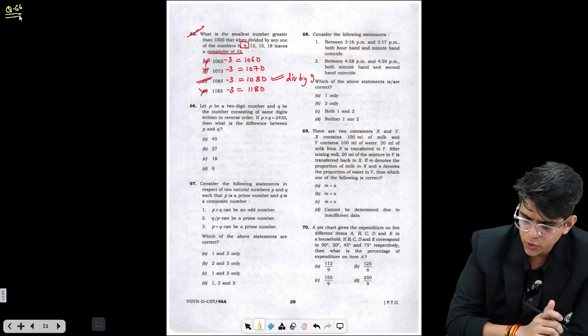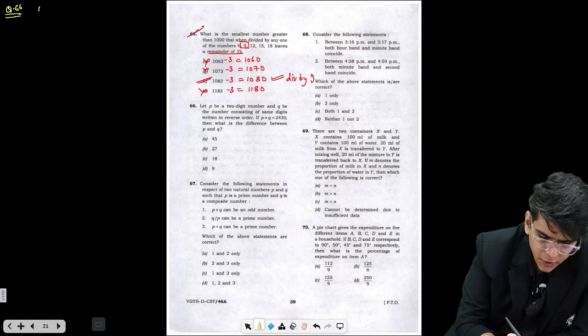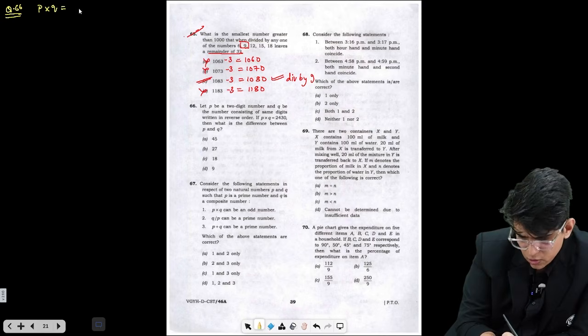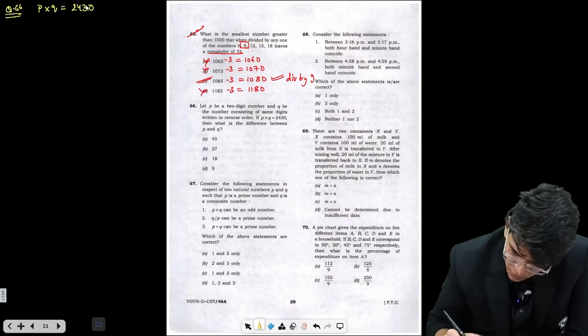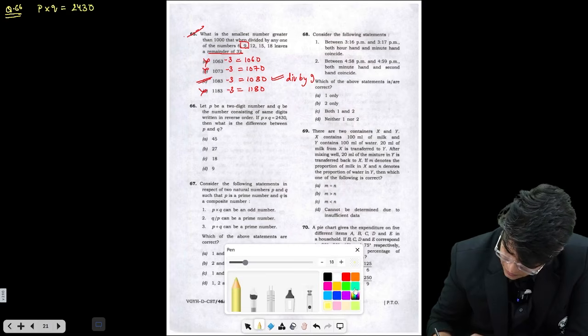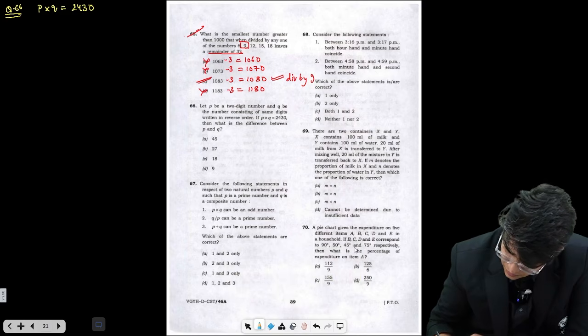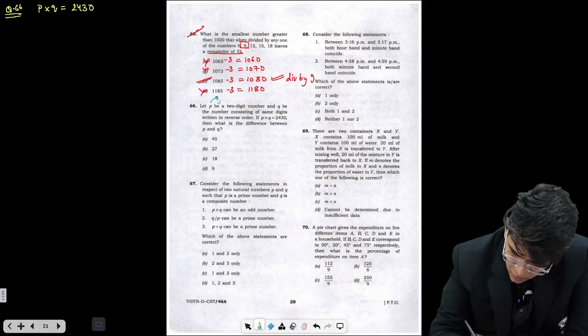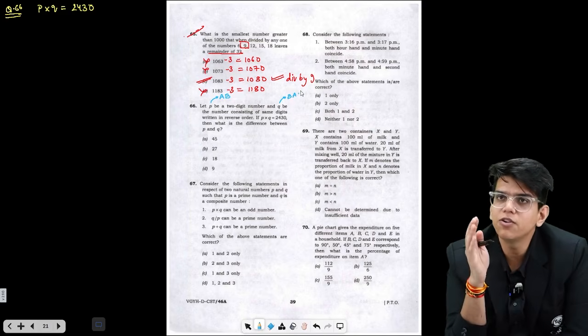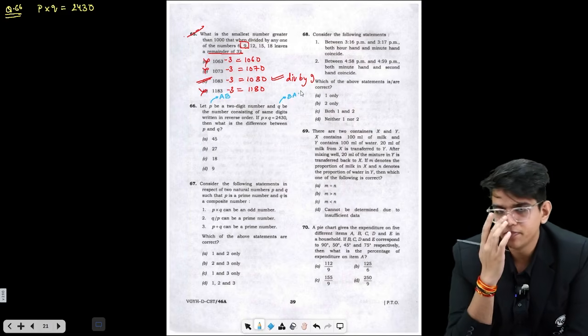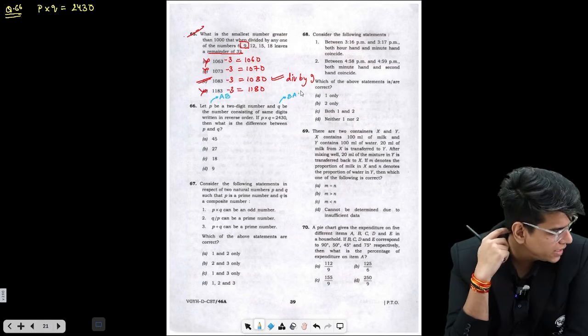They have given you two numbers, P into Q equals 2430, where P is a 2-digit number, suppose AB, and Q is a 2-digit number which is reversed. This is BA. First of all, the unit digit of the multiplication is 0.